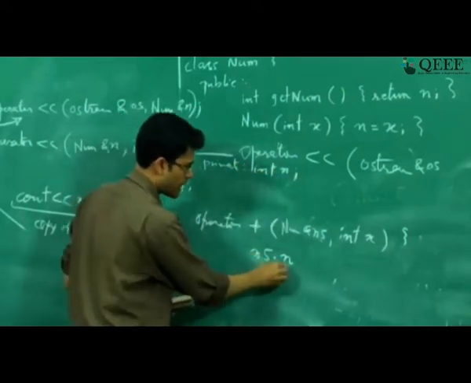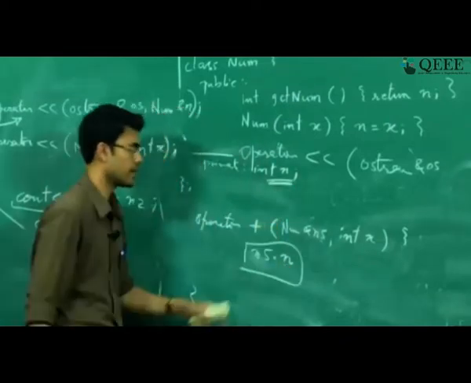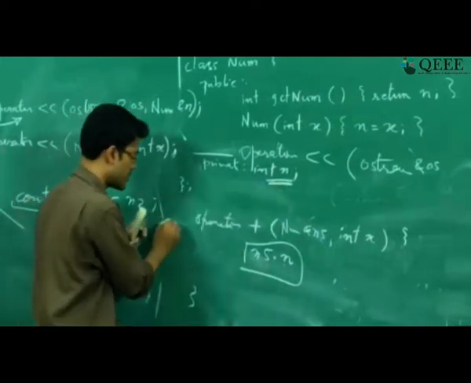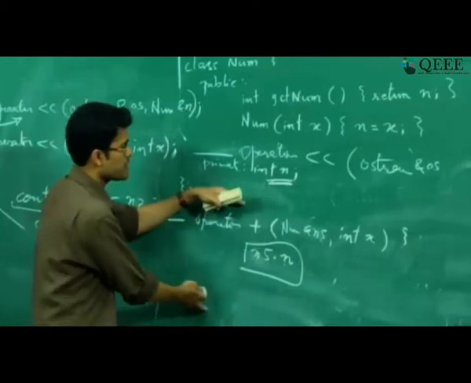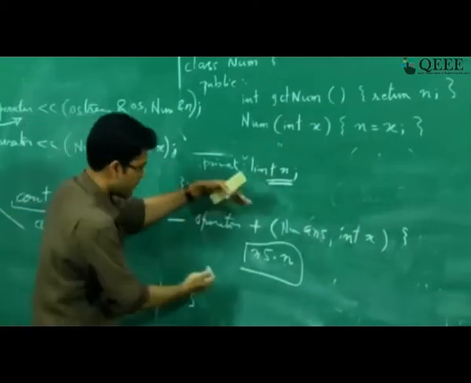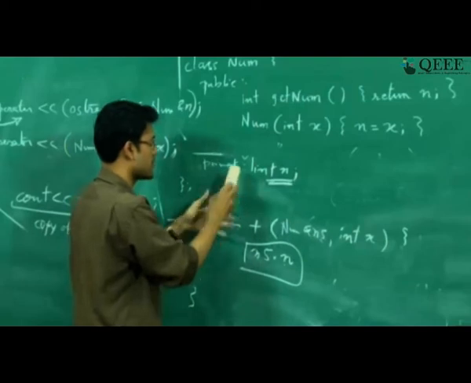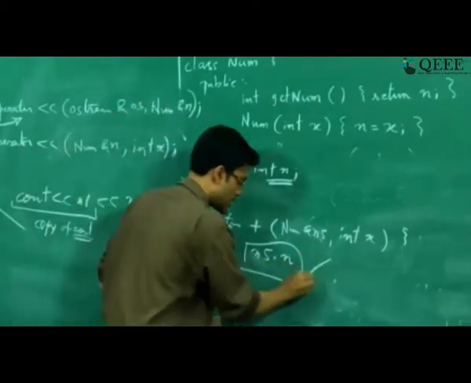This n5.n is referring to this particular variable n, which is private. This is an outside function, so there is some return type also, but I am ignoring that now. This is an outside function, this is not part of this class at all. In such cases, this function or this operator cannot have access to the private members of this class. And if that is the case, you are going to get a compile time error.